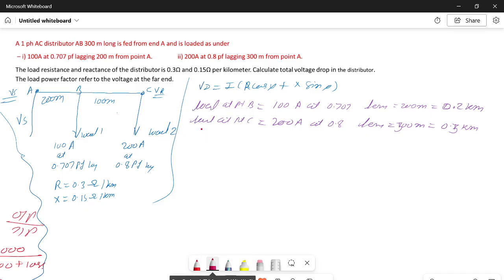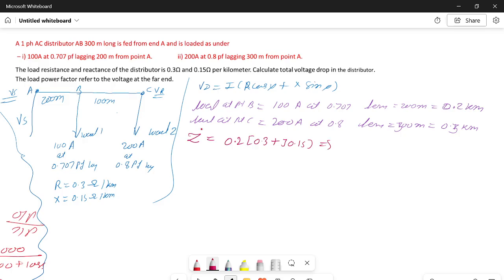My impedance Z is equal to, at point B first, the distance is 0.2 into (0.3 plus j0.15).